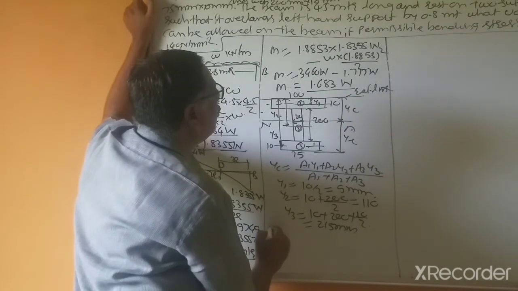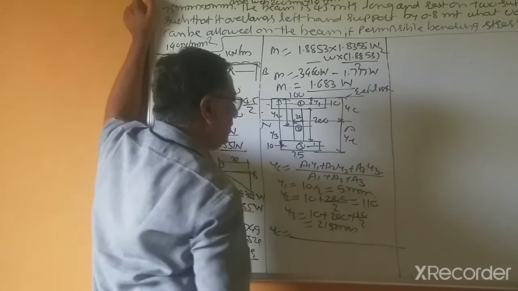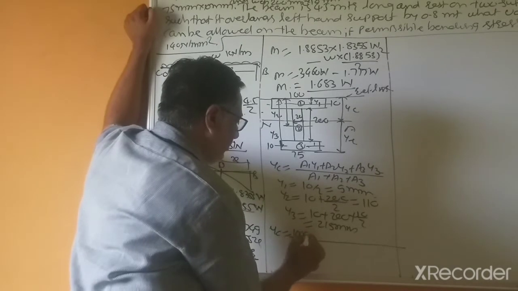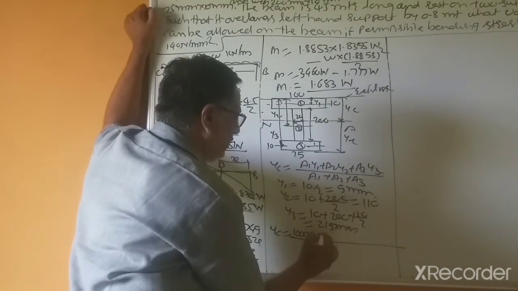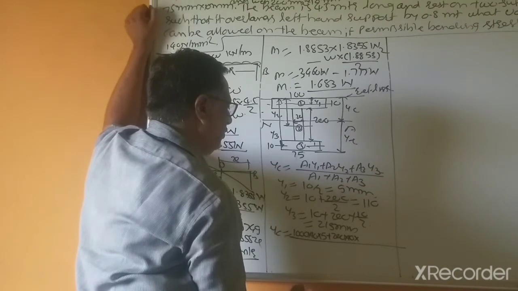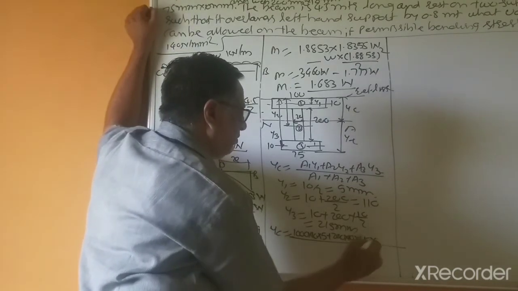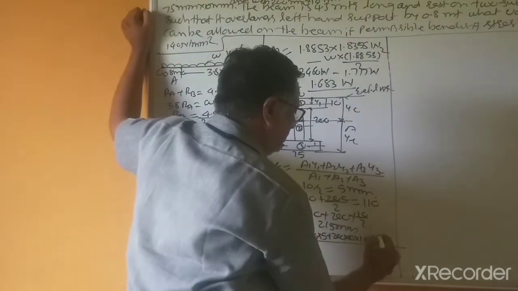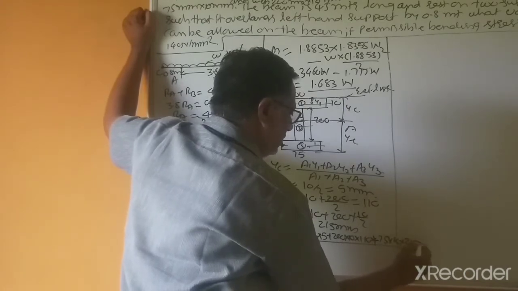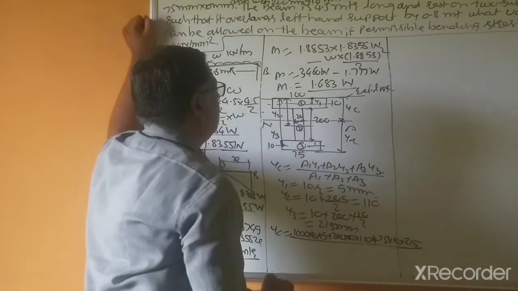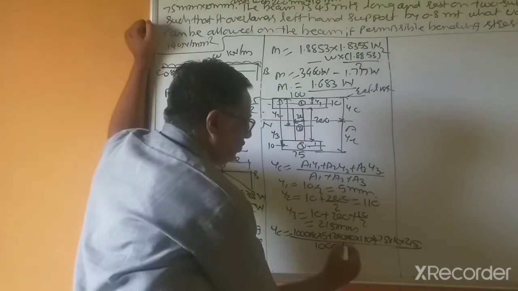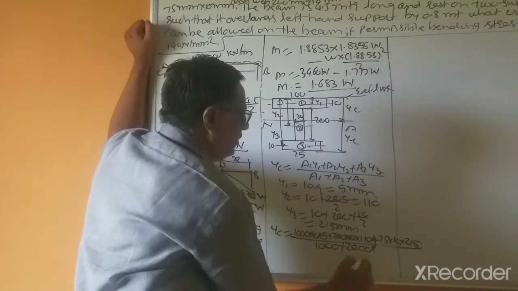Now yc equal to, so a1 equal to 100 into 10 multiplied by 5 plus 200 into 10 multiplied by y2 110 plus 75 into 10 into 215, divided by a1, 100 into 10, so directly I can write 1000, and this is 2000 plus 750.